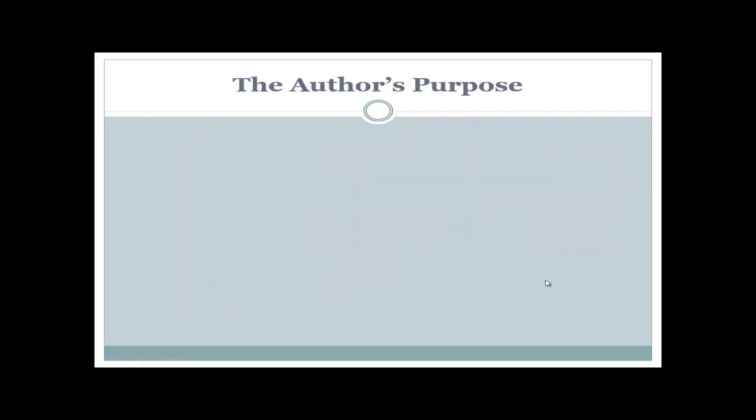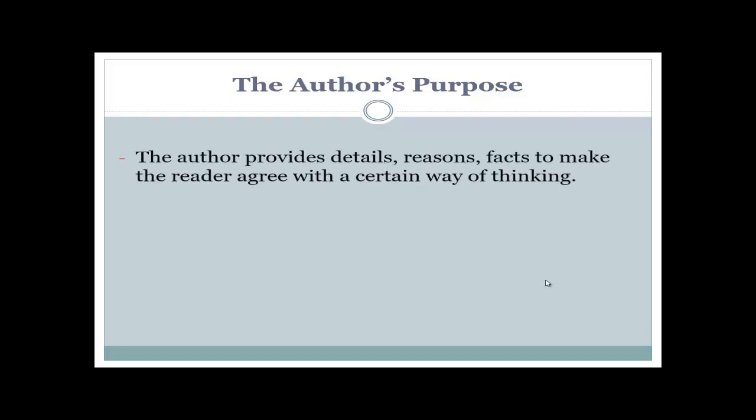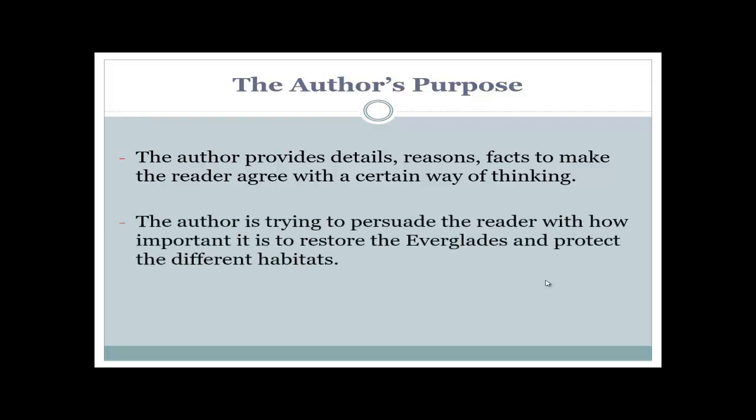What is the author's purpose? What is the author's reason for writing the text? First of all, the author provides so many details in the text, reasons and facts, to make the reader agree with a certain way of thinking. The author is trying to persuade the reader with how important it is to restore the Everglades and to protect the different habitats.